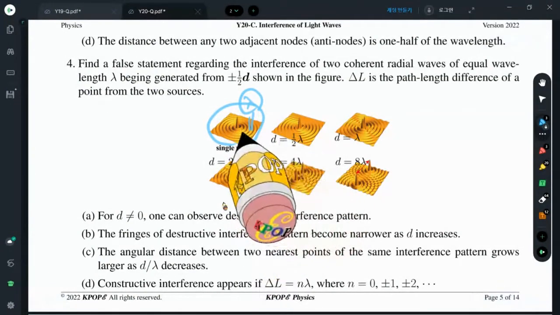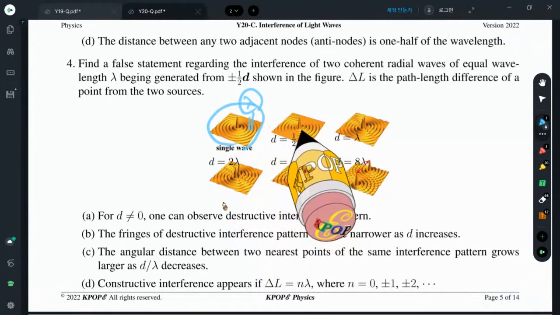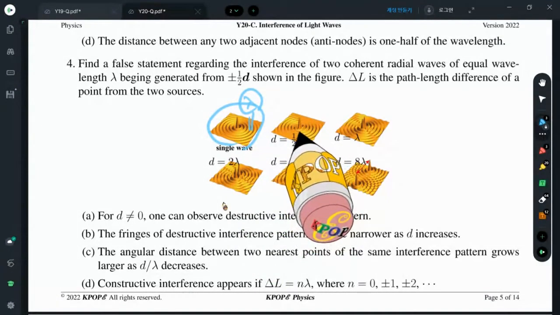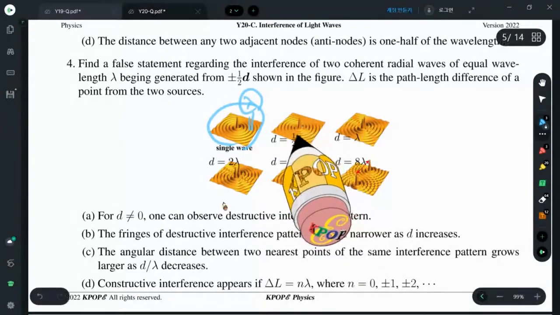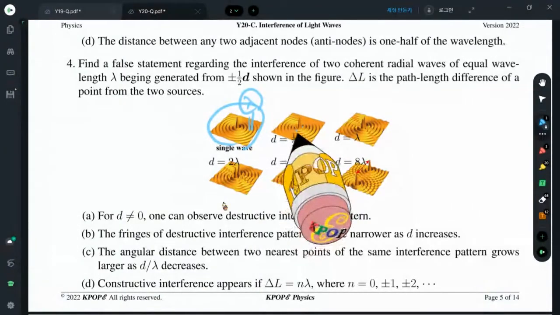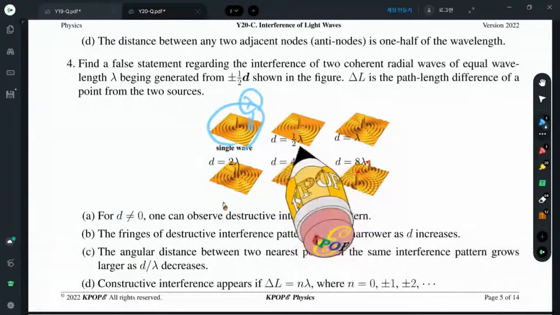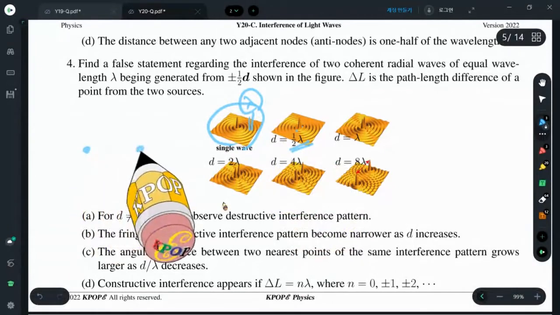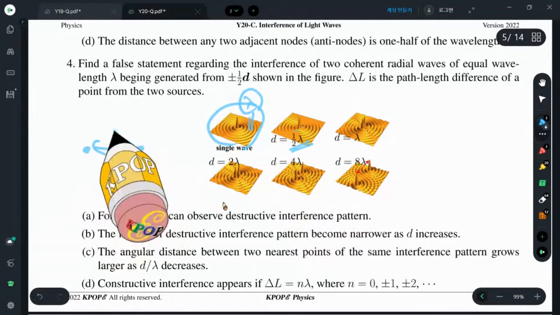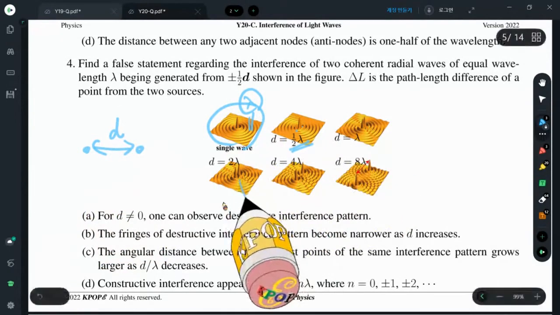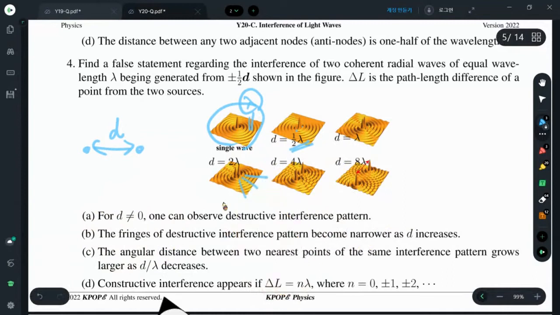However, if there are 2, the shape, even though we cannot identify the 2 sources exactly, you can see the amplitude at this point and this point. This fluctuation looks a little bit different. And as we increase the distance d between the 2 sources, you can see the fringes.